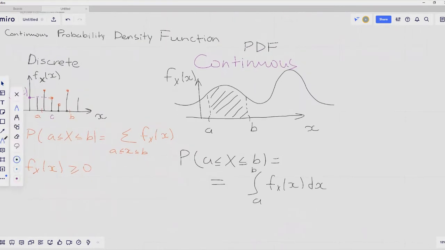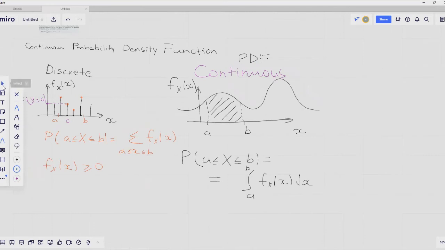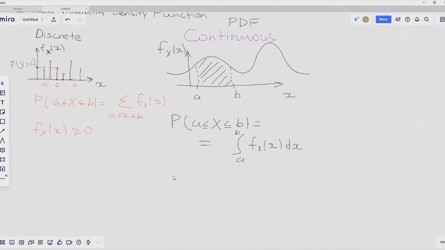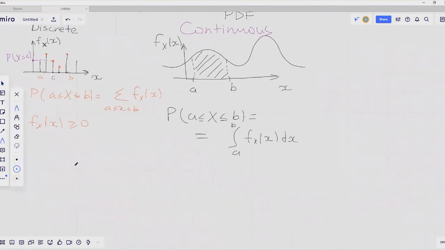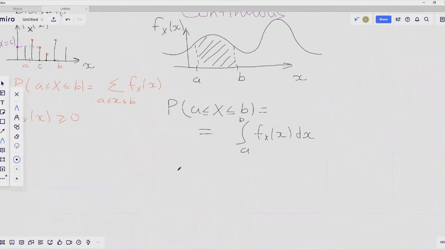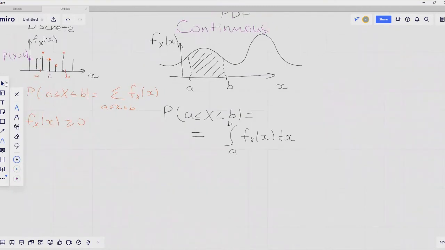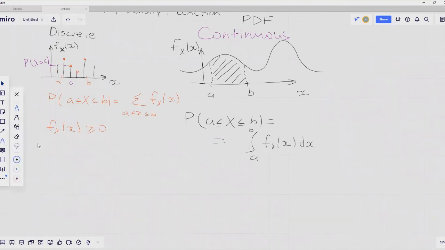Now, our PDF line is not necessarily uniform, meaning that we have more density in some parts of the region as opposed to others. Now we have similar conditions as for probability mass function for the discrete case.